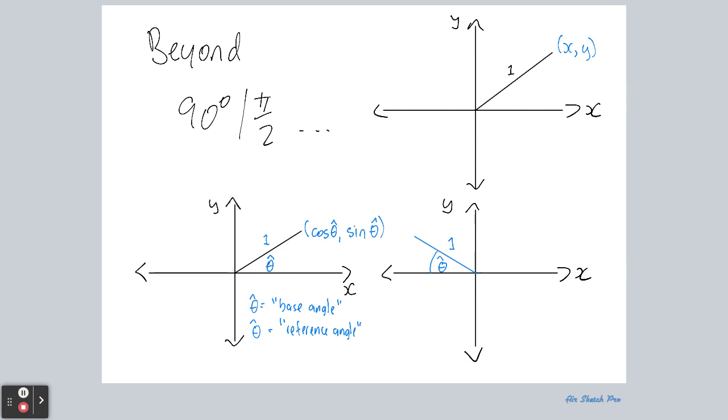I'll even do the dotted lines in red so you can see how the triangle is formed. Now when I switch the line over to the other side with the same reference angle, theta hat, can you see that this would be the same triangle? Just flipped. It's the same triangle.